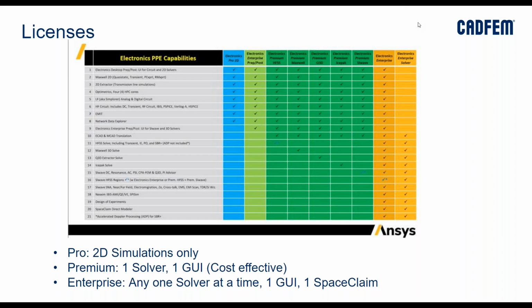Then we have Enterprise, which is the largest. That gives you more than Premium, 2 main features. One is SpaceClaim. As I said, SpaceClaim is a very good tool to import CAD, export CAD, do cleaning, any transformations, and it also gives you a thermal solver, IcePak.